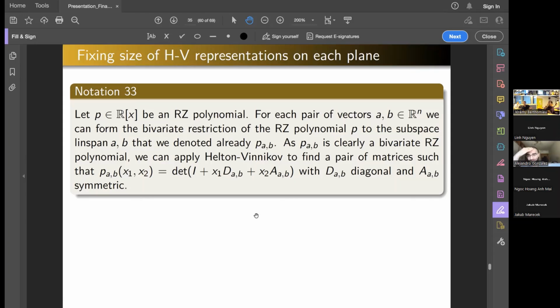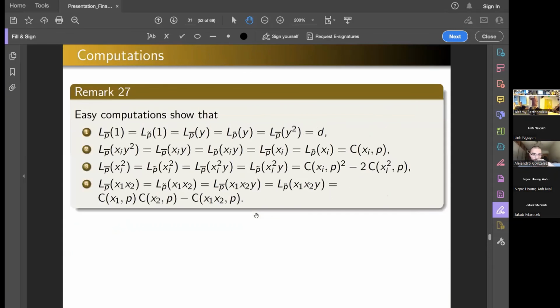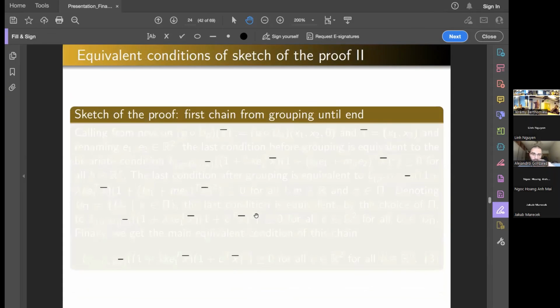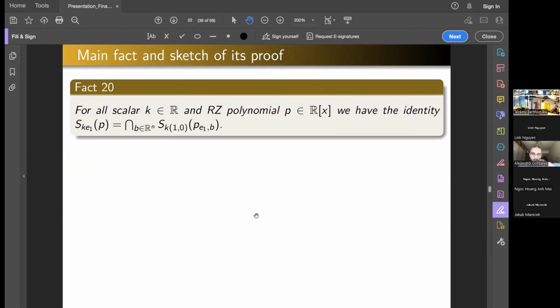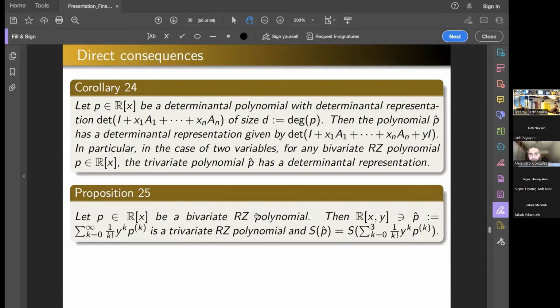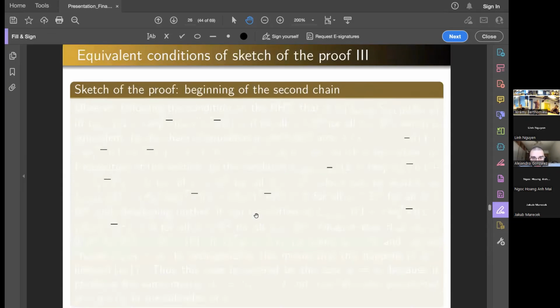Okay. Thank you. I do have a question about one of the lemmas. I think it was lemma 21 or something, where you say that a matrix is positive semidefinite if and only if another matrix is positive semidefinite. Lemma 21, yes. I remember this. I know what you mean.